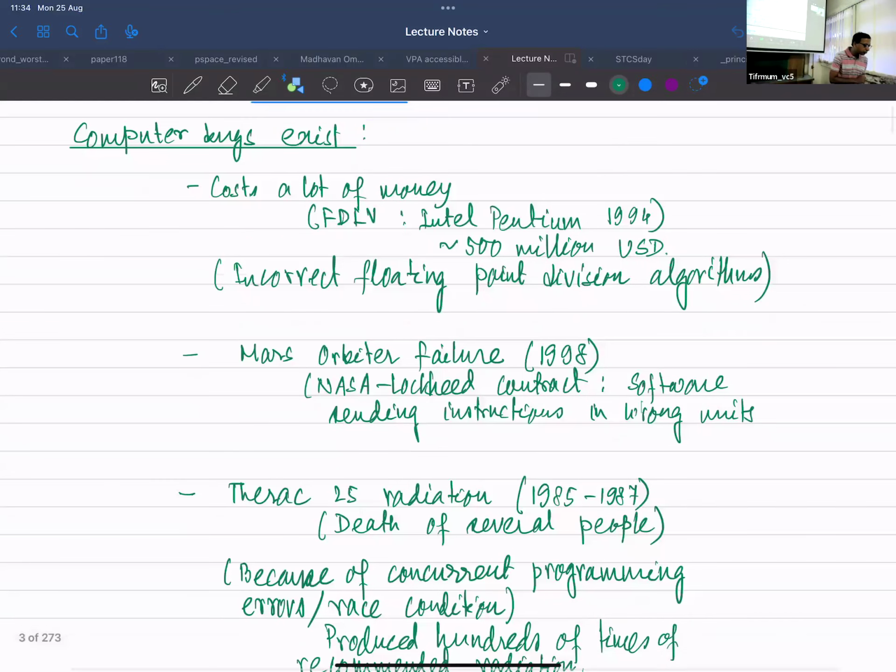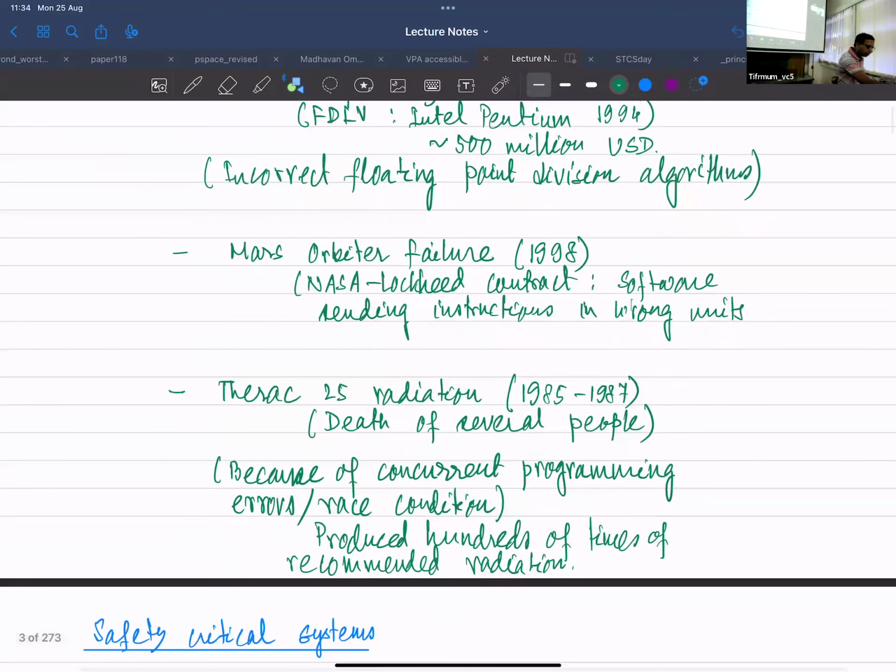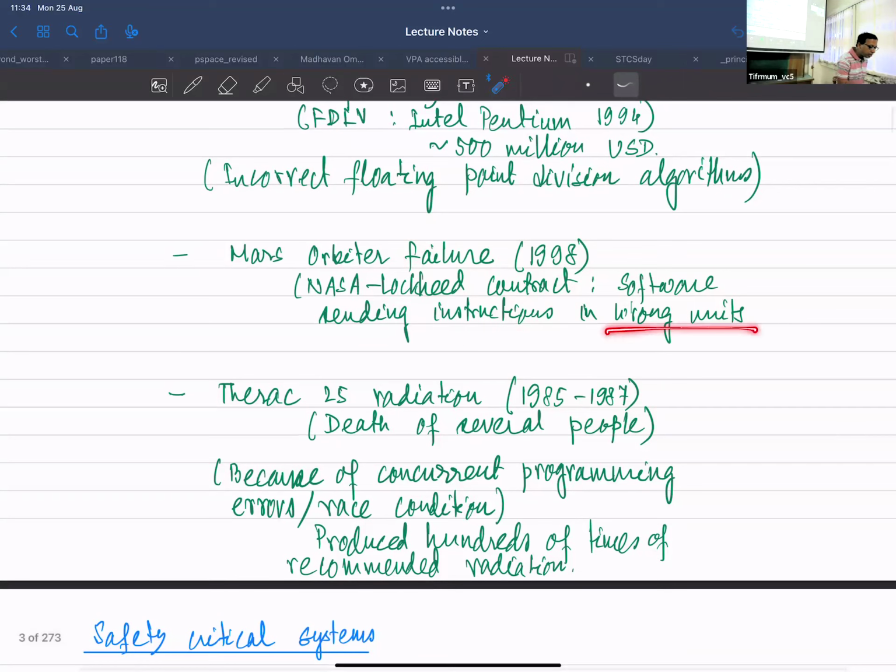Then there was a failure for this Mars orbiter, and the problem was again essentially that there was some units, there was this SI unit and some other units. So NASA was trying to make this orbiter, and some of the things were outsourced to Lockheed Martin.